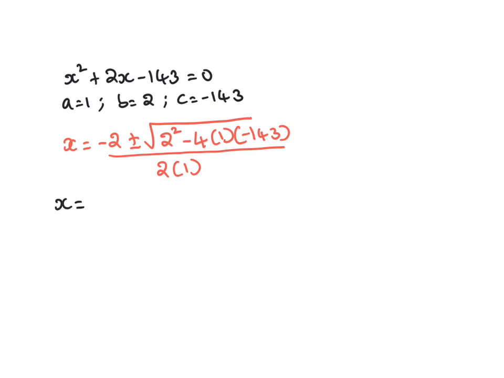x is equal to minus 2 plus or minus, if you do the calculation under the square root, it's 576, over 2. x is equal to minus 2 plus or minus the square root of 576, which is 24, over 2.